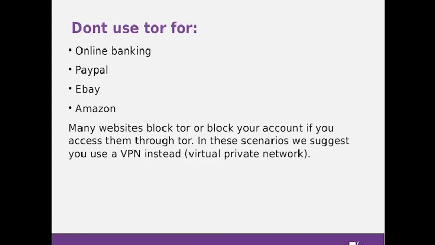Some websites, such as eBay, Amazon, I think you can browse and window shop and find your item, which does actually counter, I guess that's corporate surveillance, kind of outside of the scope of this workshop, but reduces the amount of data that they collect on you. But don't log in through them because you might get your account blocked or suspended, I should say.